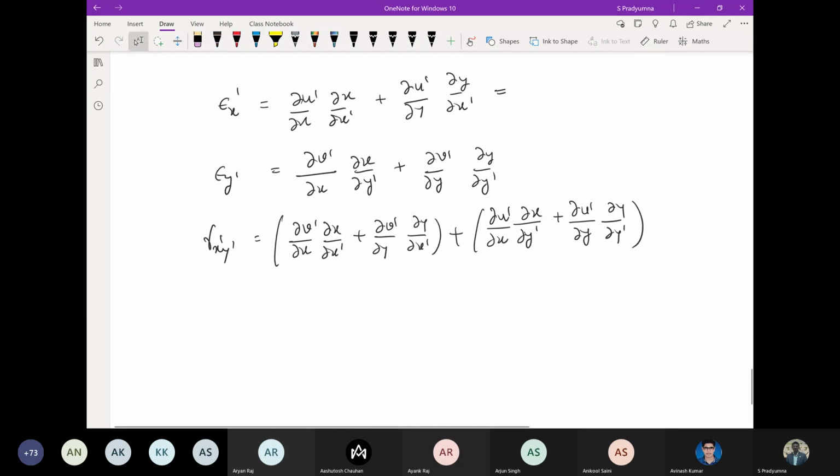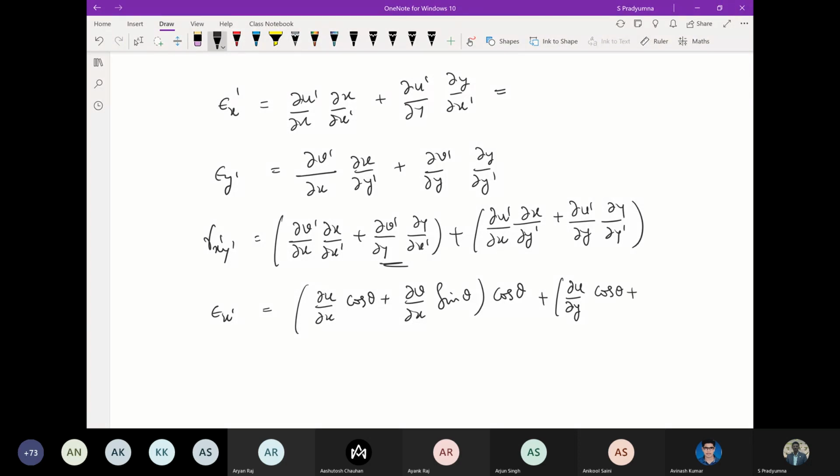I'll just write that expression now, that epsilon x dash is equal to dou u by dou x cos theta plus dou v by dou x sin theta. Cos theta I'm writing here because that is there. Then plus this term I'm writing plus dou u by dou y cos theta plus dou v by dou y sin theta into sin theta. This is the expression.